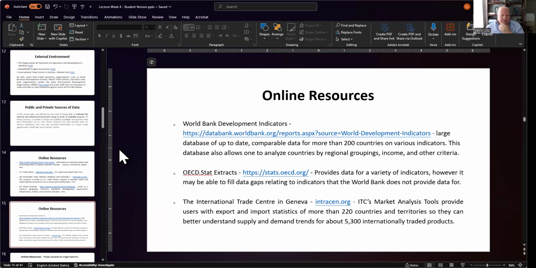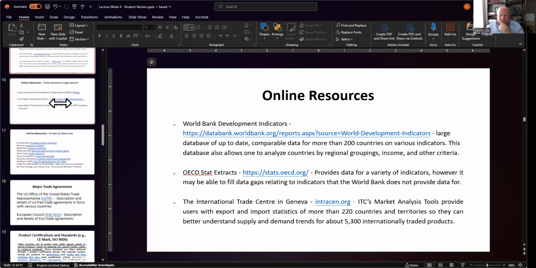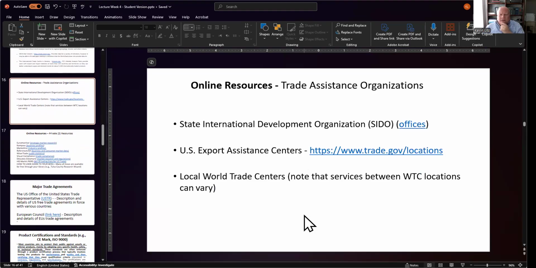Geneva is a great place for tracking international trade statistics, this organization. Export assistance centers are basically your local Department of Commerce that assists you in increasing your exports, export readiness and actually conducting trade.